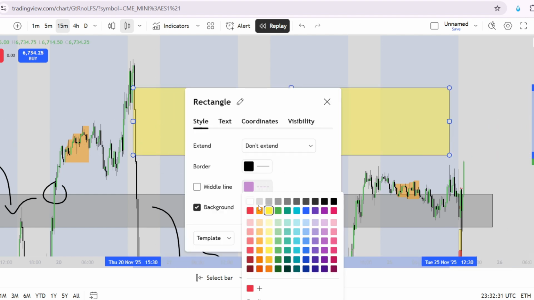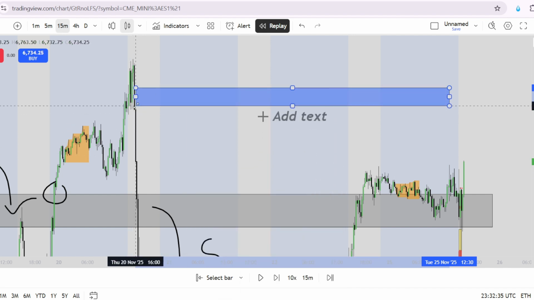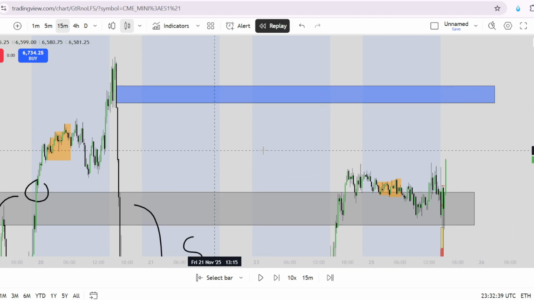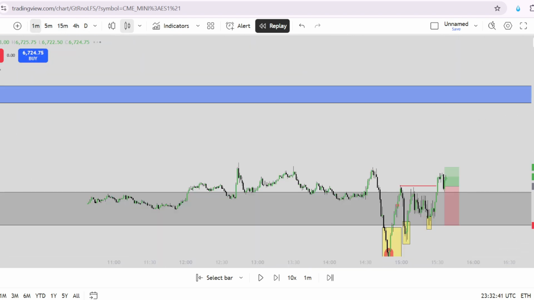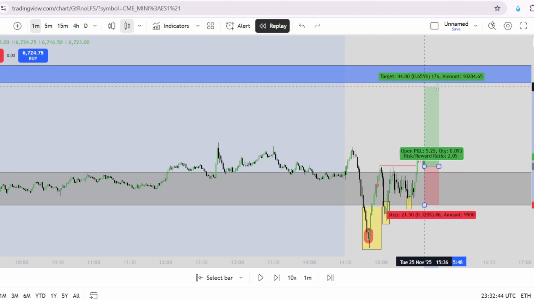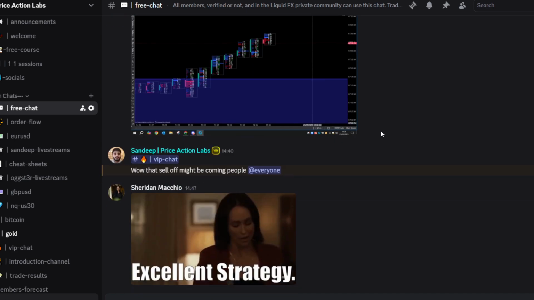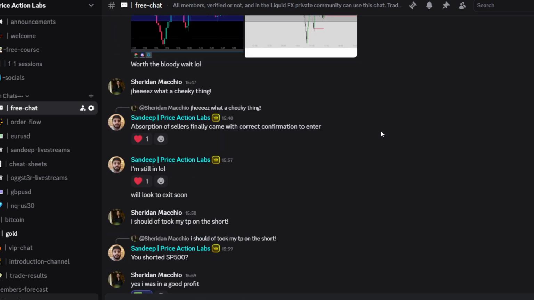Depending on how you trade, there are different ways to go about this. You can probably target this region just here. That would be a decent target, although I think I closed somewhere around here. I'll go through the execution as well. So this Thursday execution came, if I quickly break this down.